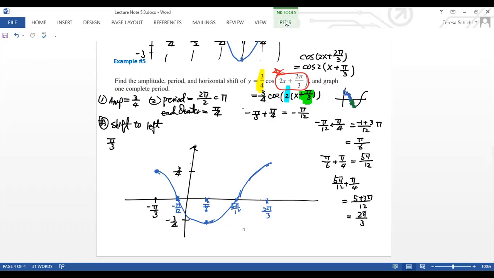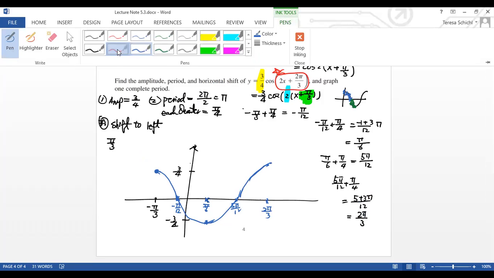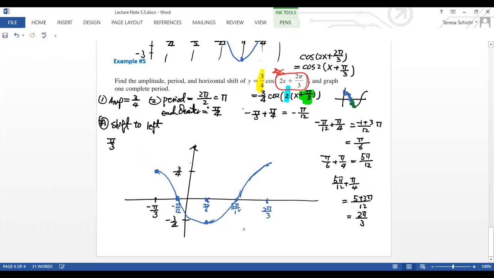When you do that, be very careful, right? After you find your period, you need to find out how much is each quarter, where you start. I know this one period starts at negative pi over 3 and ends at 2 pi over 3 here.